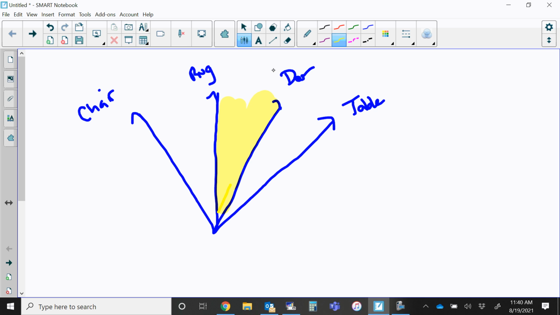It also says that from here to here is 74 degrees. From here to here is 57 degrees.